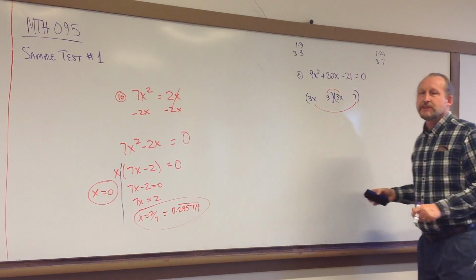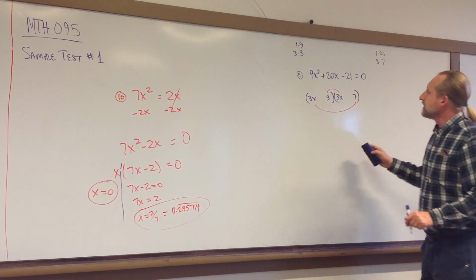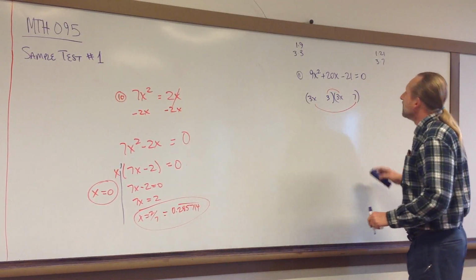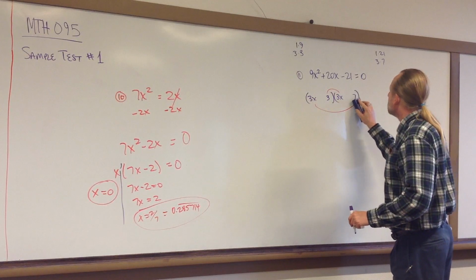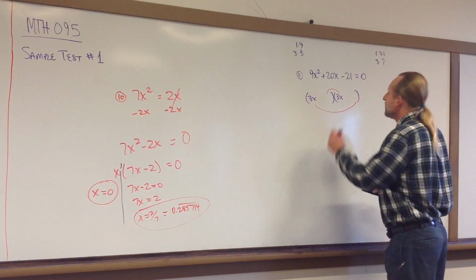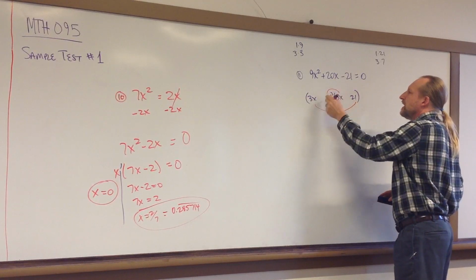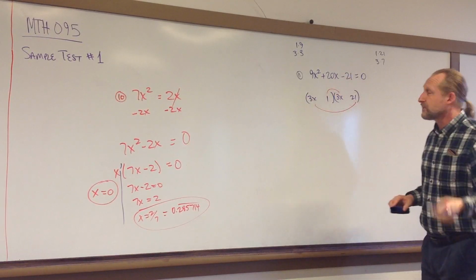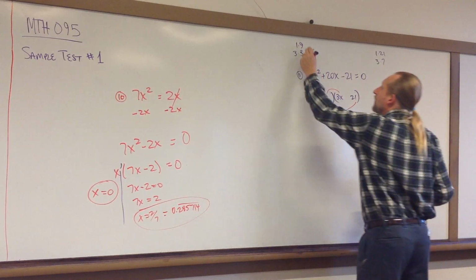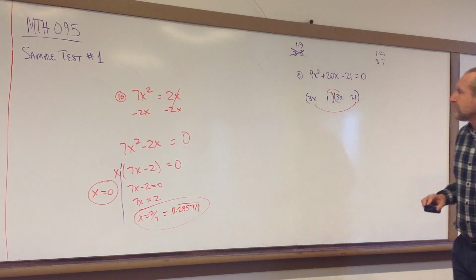Swapping the 3 and the 7 doesn't make any difference. It's still going to give us a difference of 9. What if we did the 1 and the 21? That's not going to work because this is going to be 63 and 3, which has a difference of 60. So I think the problem was that it's not 3 times 3.